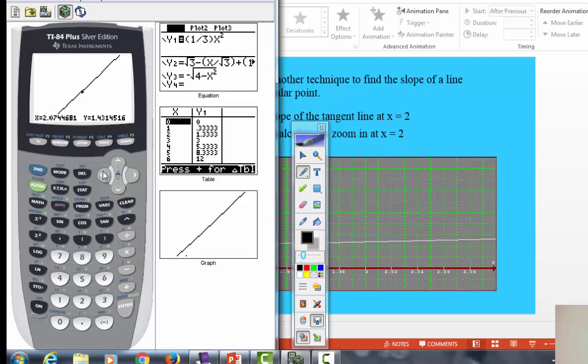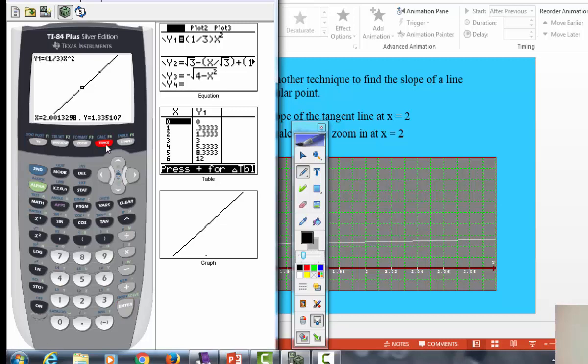And you can see it's giving us our x and y values, so we're very close to x equals 2. Let me move that over just a little bit. Okay, and then I'll move it down to the graph. So it will zoom in around x equals 2. It'll center it again around that value now. And now I'm going to hit trace.